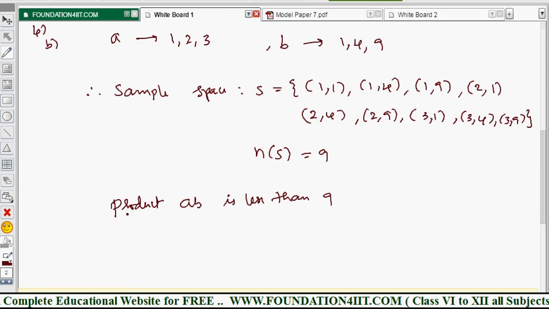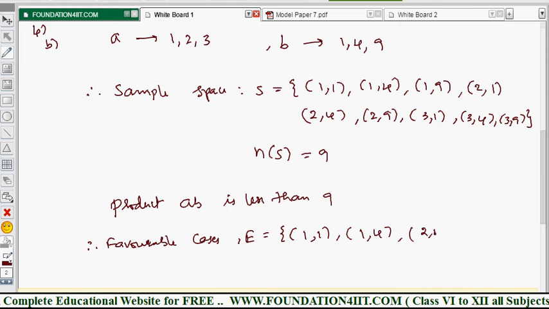Then we can write the favorable cases. So according to the given condition, the favorable cases, take the event, that means product is less than 9: 1 comma 1 and 1 comma 4. 1 comma 9 we should not take because 1 into 9 is 9, that is equal to 9, not less than 9.